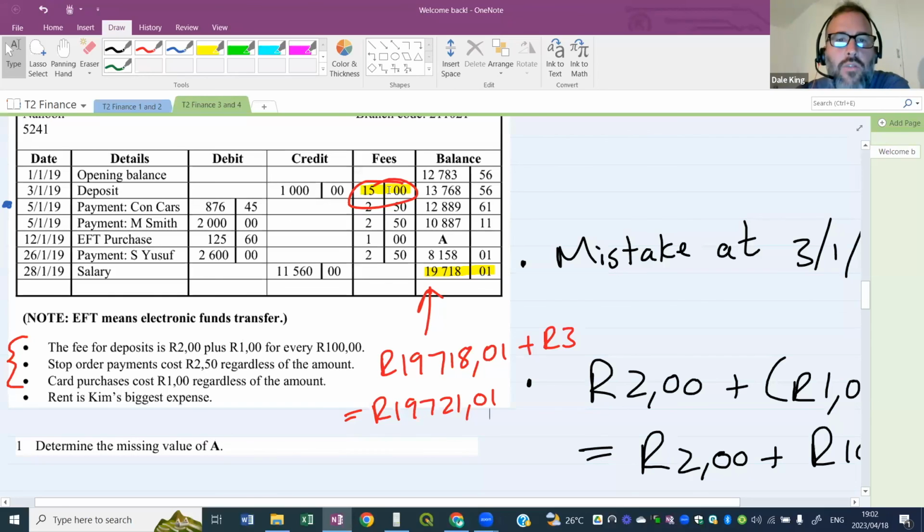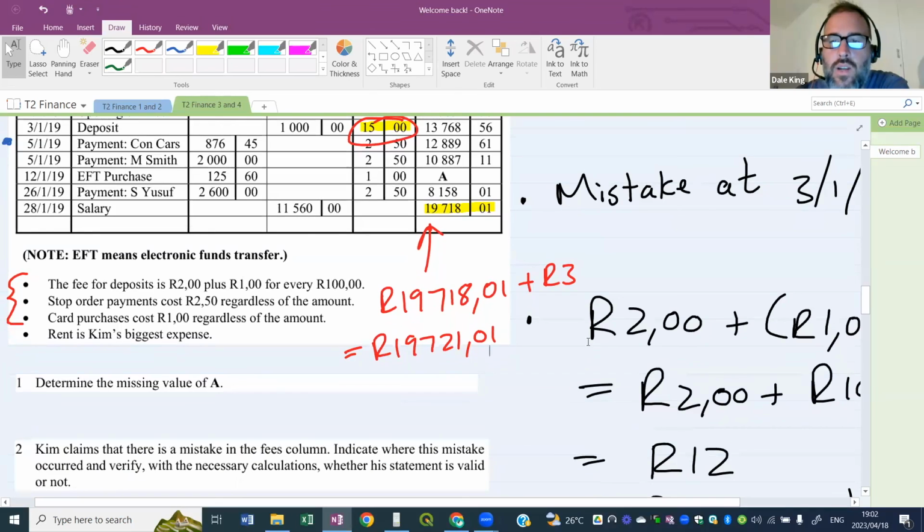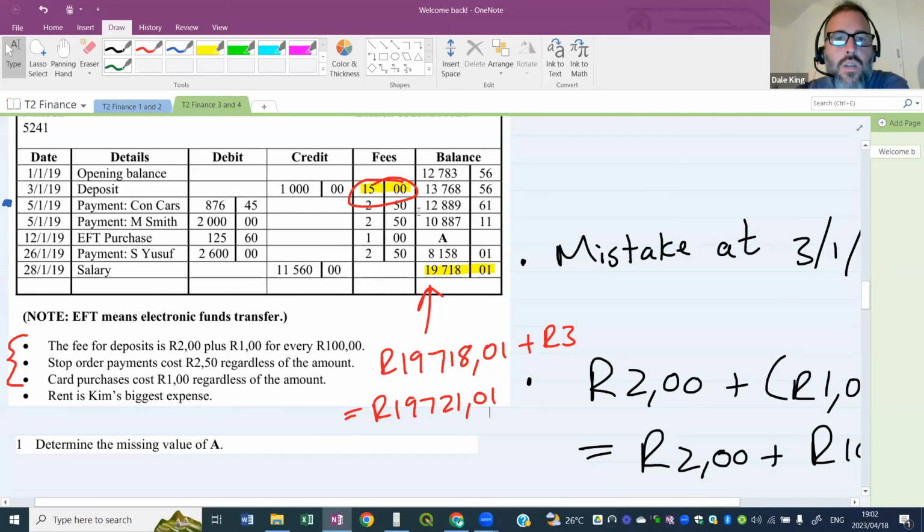That 15 Rand, in question 2, we determined that 15 Rand is incorrect. We checked it and we got 12 Rand. So this calculation here on the right hand side is that we checked that transaction, we did a calculation, and we see that 15 Rand should actually be 12. So the bank charged us 15, but they should have charged us 12. They've got to give us 15 minus 12 is 3. They've got to give us 3 Rand back.